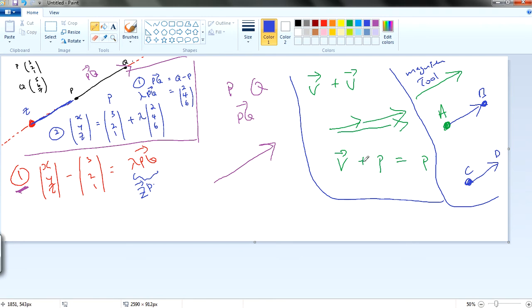A vector plus a vector gives a new vector, a new direction. But a vector plus a point gives you a point. I think you get what I mean.